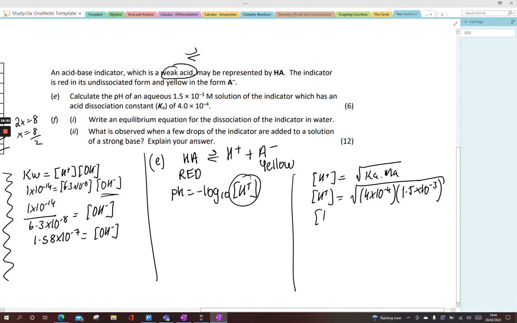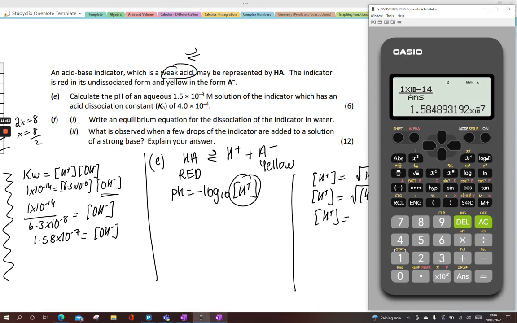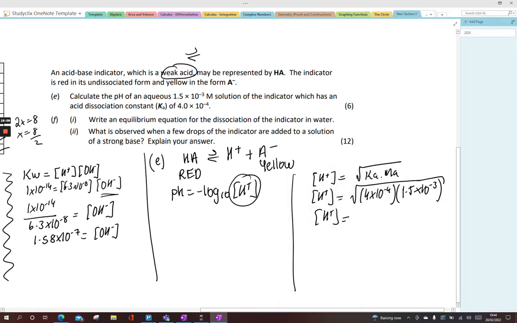Throw that in your calculator. So square root of Ka by Ma. We have 7.75 by 10 to the minus 4.